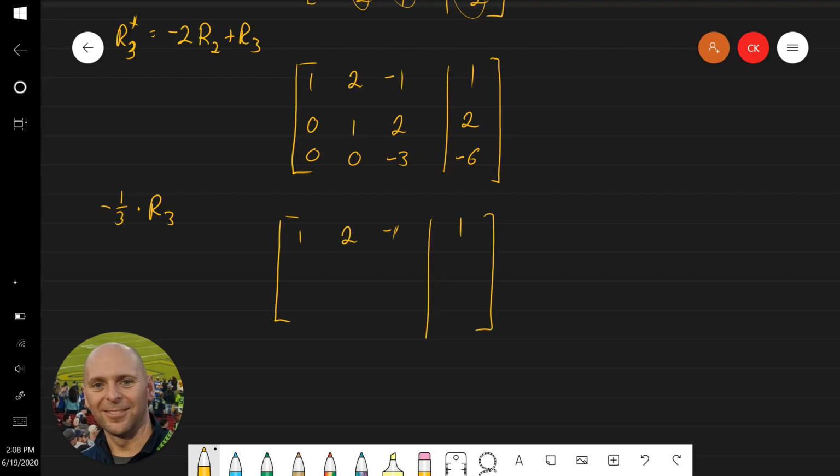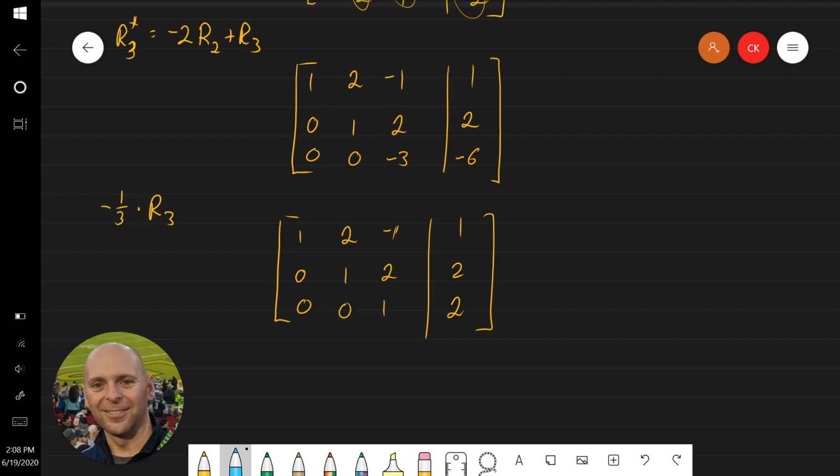Again, everything remains the same except for that third row. 0, 0, and we get 1, and then 2. So here, multiplying by -1/3 is doing the equivalent of dividing -3 and -6 by -3 to simplify that particular equation. Remember, each one of these rows is really representative of an equation still.